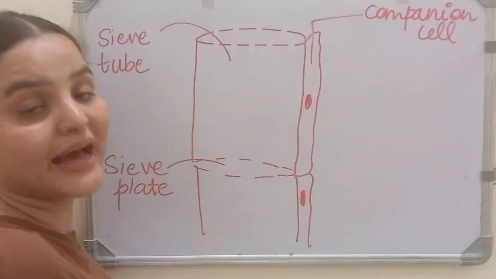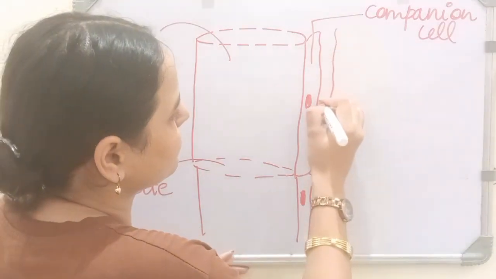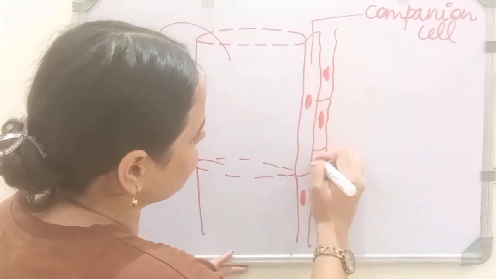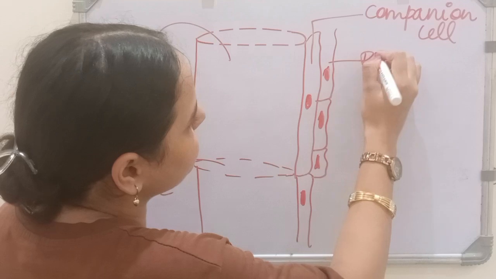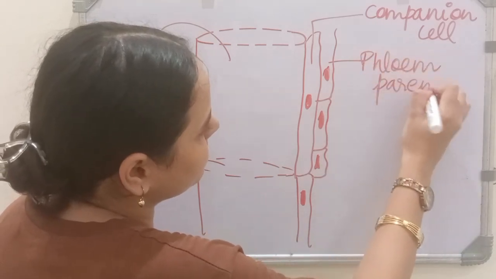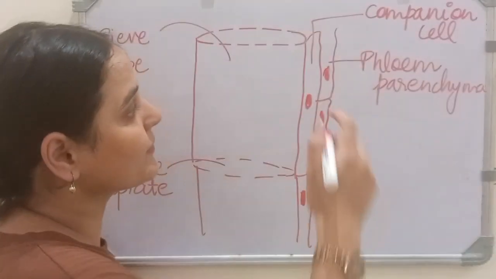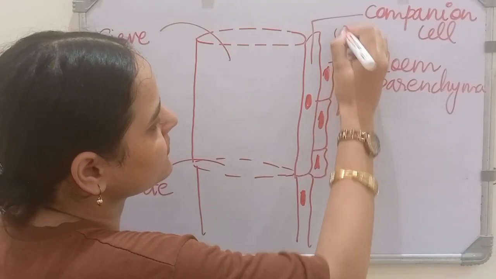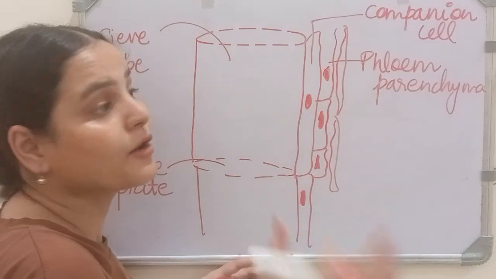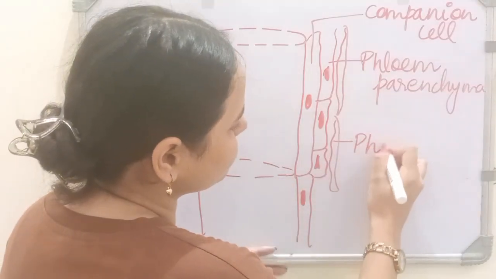And with this companion cell, phloem parenchyma is connected. So this is phloem parenchyma. Then we have the phloem fibers. These phloem fibers are responsible for the protection or support.